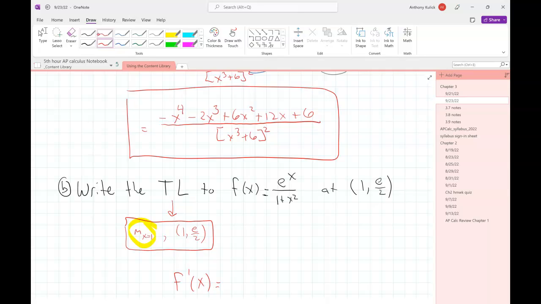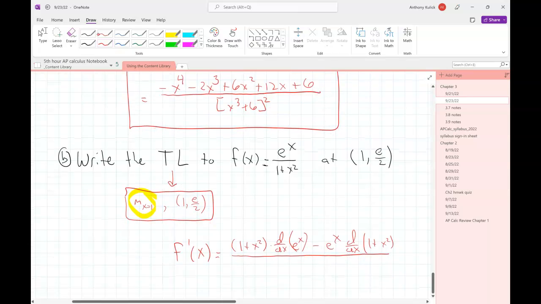Okay. Quotient rule is the denominator times the derivative of the numerator minus the numerator times the derivative of the denominator, all over the denominator squared.